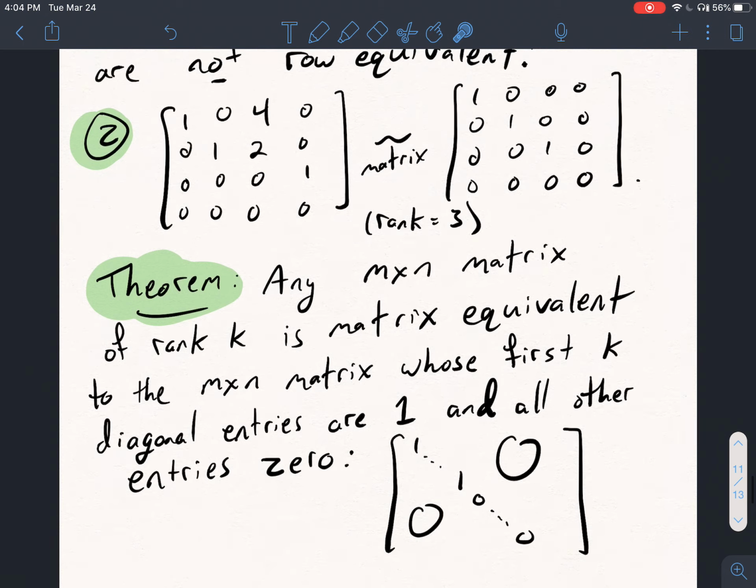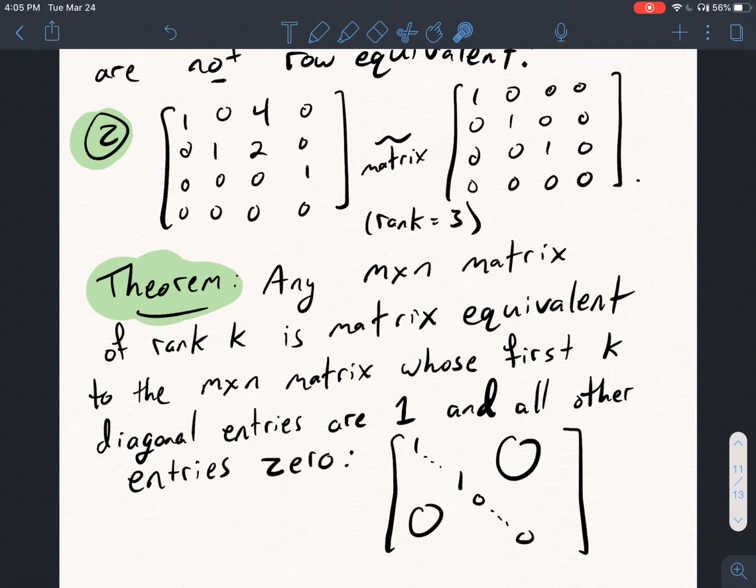And how do you go about proving that? Well, I'll just say it out loud. Every matrix is row equivalent to a matrix in reduced echelon form. So you put it into reduced echelon form and you get some 1s for your pivots. If your rank is k, then you would get k pivots, k non-zero rows, and then you can use your pivots to zero out anything that's to the right of them.